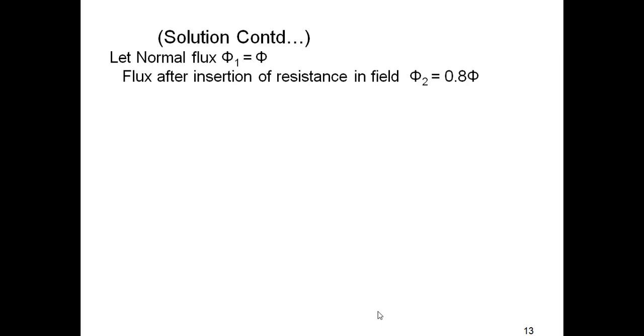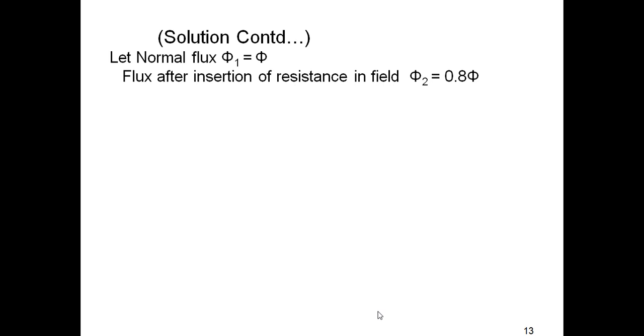And now the normal flux phi1 is equal to phi. Here we are inserting another resistance. After inserting that resistance, the flux has reduced to 80%.